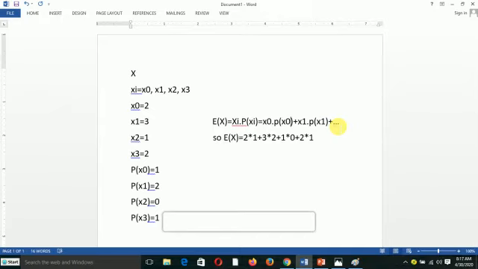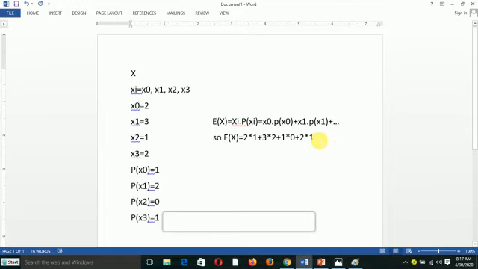So it will be 2 multiplied by 1 here. This is x0 multiplied by px0, and px3 will be 1, and x3 is 2. So it will be 2 multiplied by px3, which is 1 here.